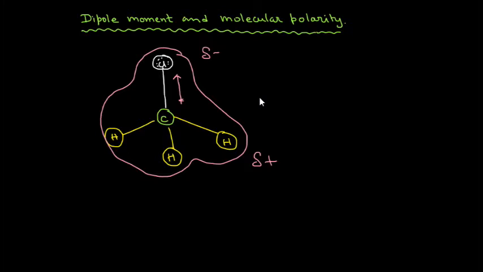So what is dipole? Here we see two equal and opposite charges are separated by a distance. So here plus delta and minus delta are two equal and opposite charges separated by a distance, which can be denoted as mu is equal to delta, the charge, and length.